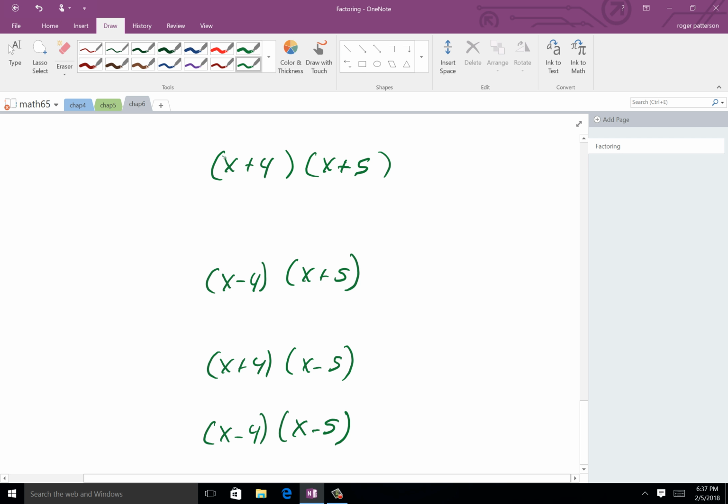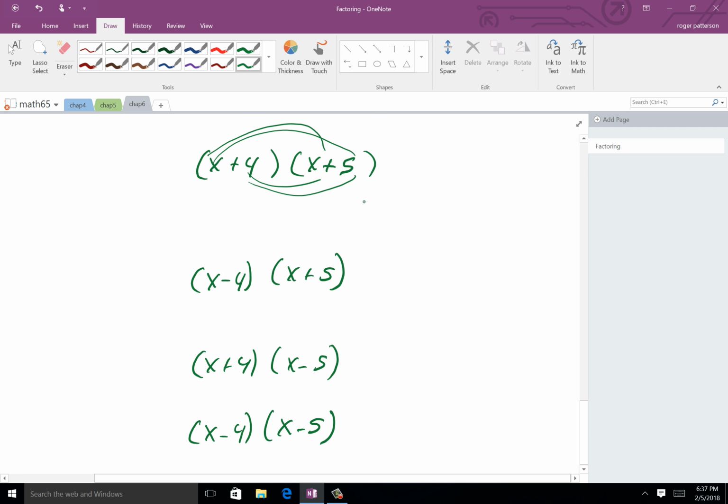So we're going to go like this, and this, and this, and this. So what are we going to get here? We're going to get x squared, and then what would we get? 5x, good. Okay, so we're done with the x there. Then we're going to get 4x, good.